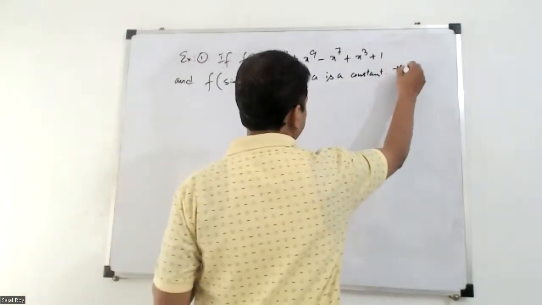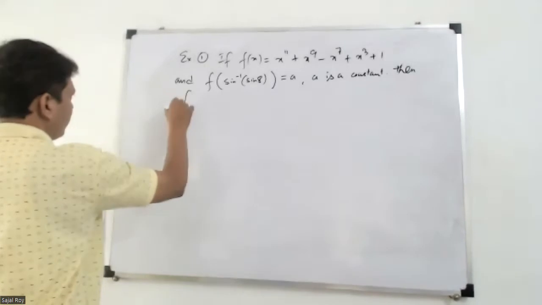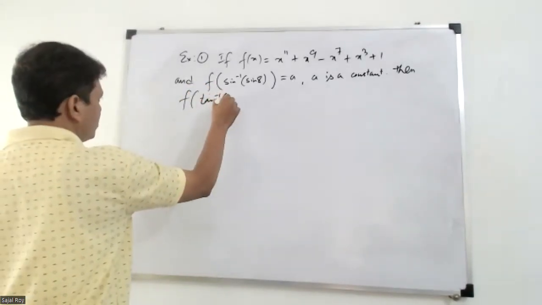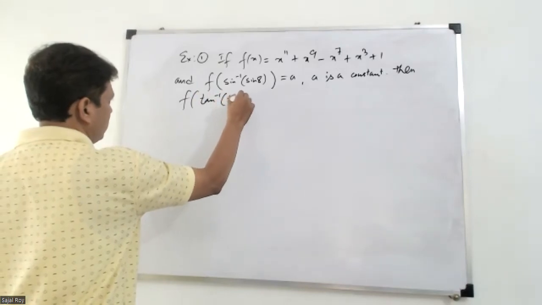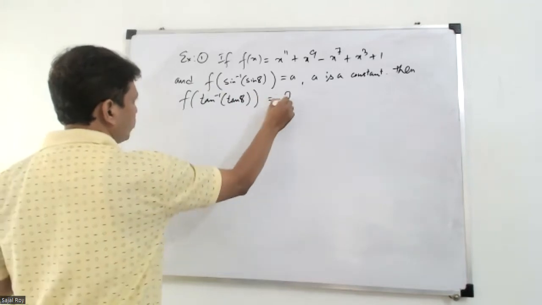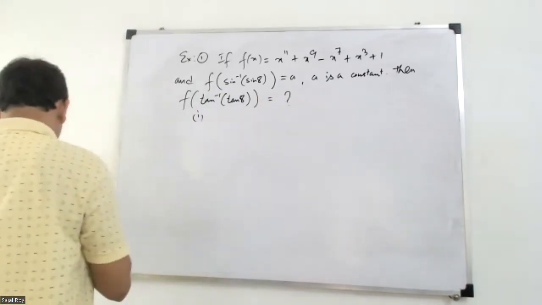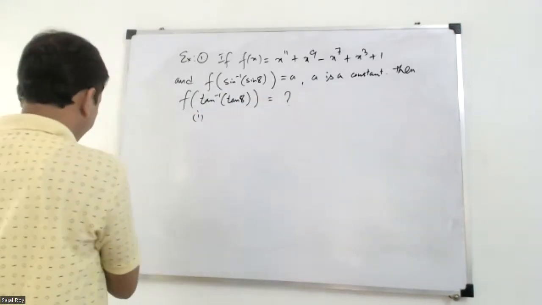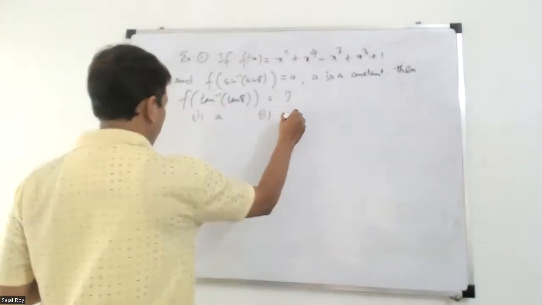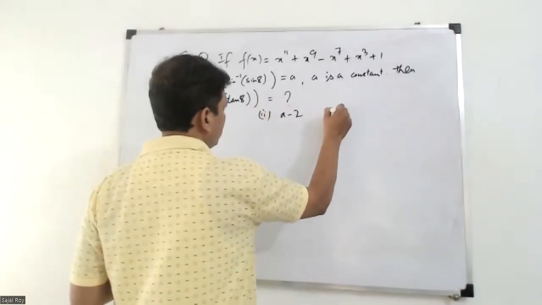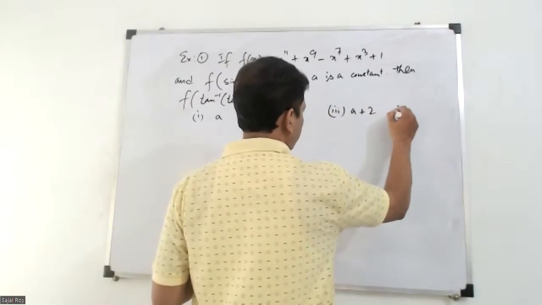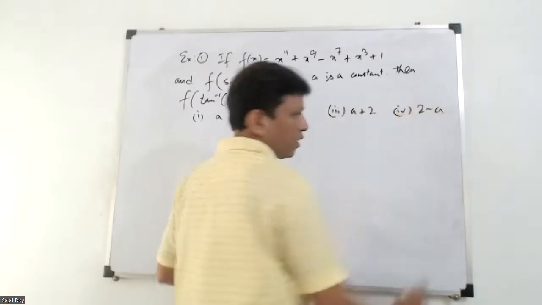Then f of tan inverse tan 8 is equal to what? You have 4 options: a minus 2, a plus 2, and the last option is 2 minus a.